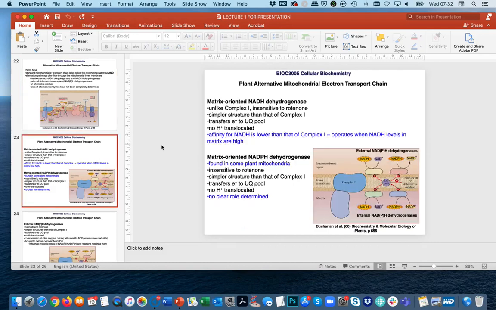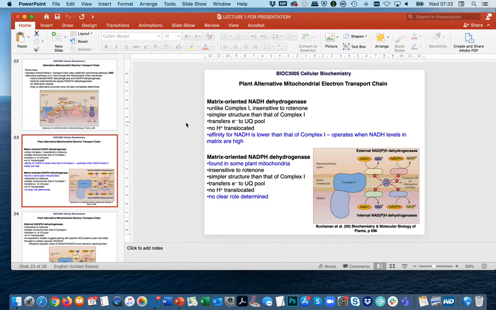With respect to the matrix-oriented NADH dehydrogenases, they're insensitive to rotenone. Rotenone is a pesticide or insecticide, and basically it stops the activity of complex 1. So these alternative matrix-oriented NADH dehydrogenases are not sensitive to rotenone.